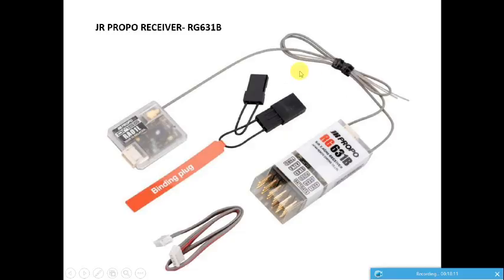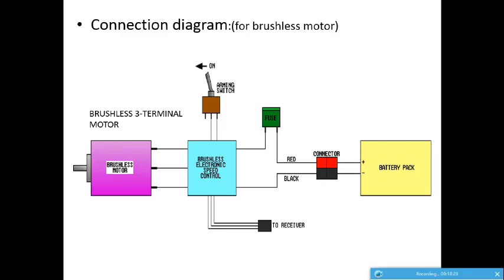Binding means setting the frequency of communication between the transmitter and the receiver. Before using the model for the first time, you need to bind the receiver and transmitter using this binding plug and the corresponding binding settings on the transmitter. Okay, so this is the important, or main, wiring which you need to construct for an RC aircraft.